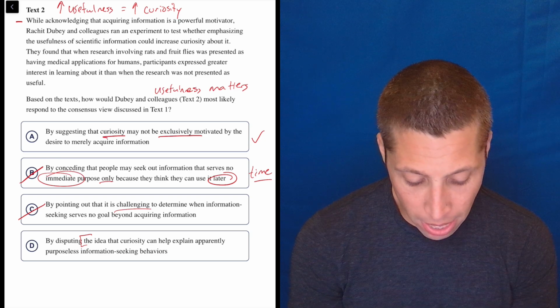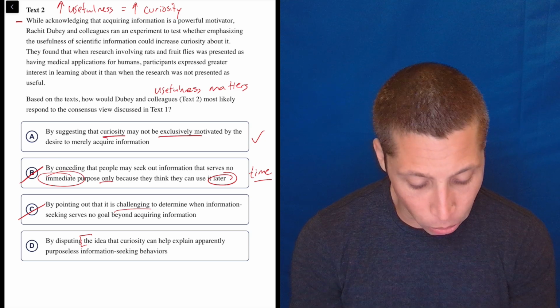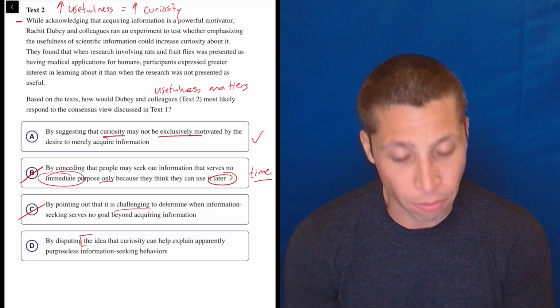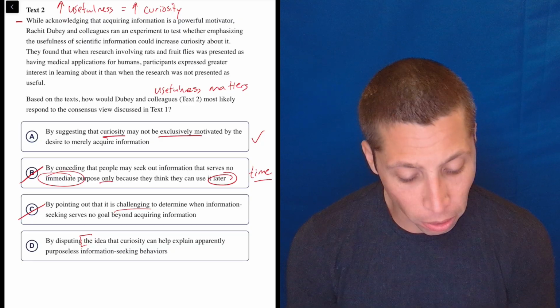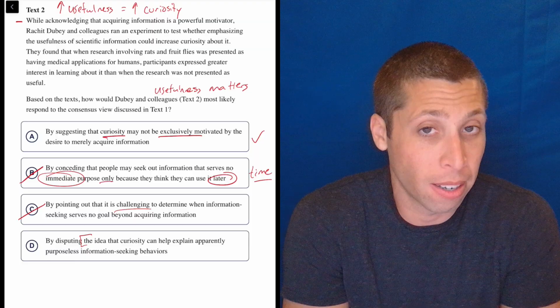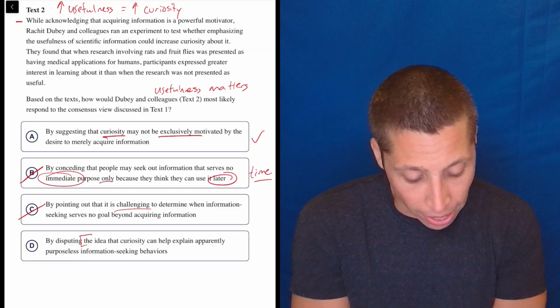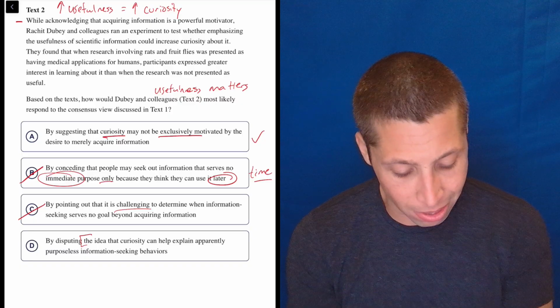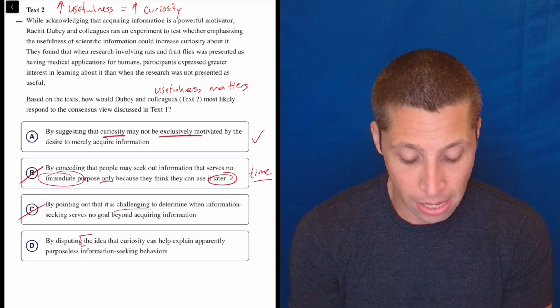Well, they agree that people use curiosity to seek out information, right? That's kind of the first part of passage 2, while acknowledging that acquiring information is a powerful motivator. That's acknowledging that curiosity can help explain purposeless information-seeking behavior. People are just curious about things.